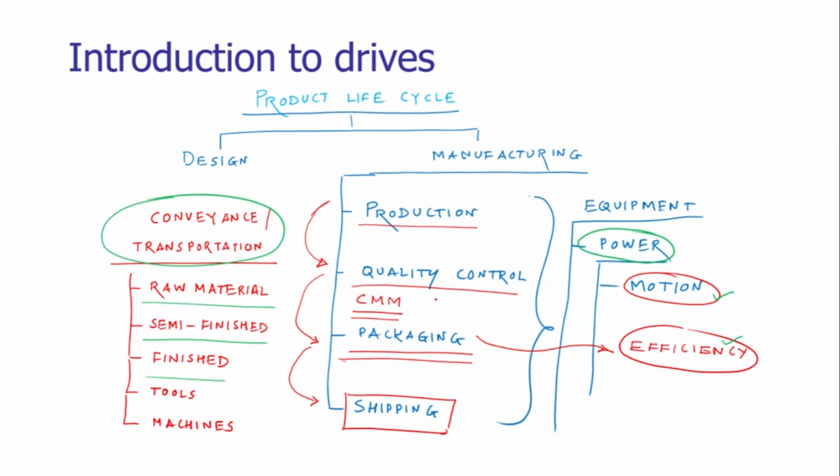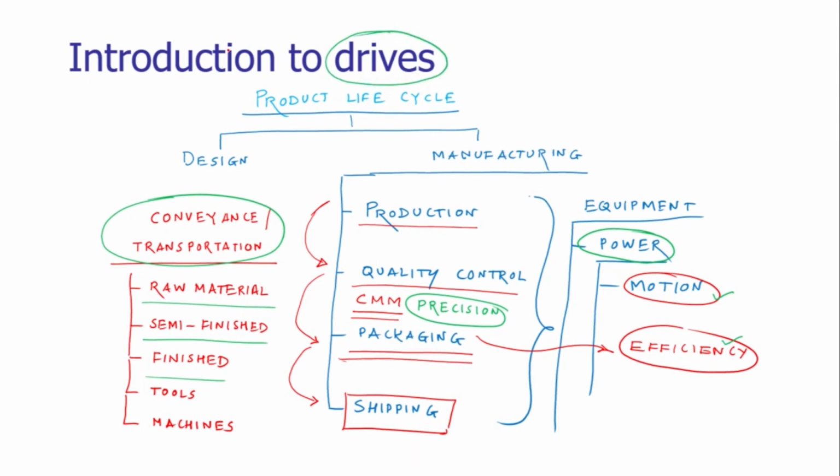And the third requirement, that the system should be precision. So the power, required motion, and the precision, these are three basic requirements that are to be fulfilled by a system. So for this purpose, we are using a variety of drives to carry out these operations.